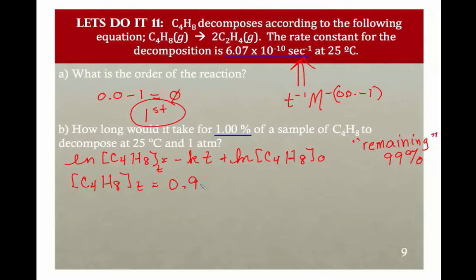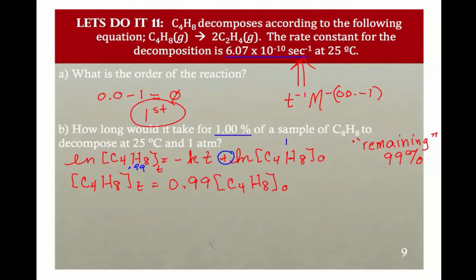And this gives me 0.99 times C4H8 at time 0. So 99% of my initial remains. Now, there's a couple of ways you can do this. You can actually substitute in here the number 1 and the number 0.99. I want to show you a slightly different way of doing this because the rearrangement of this is very helpful.